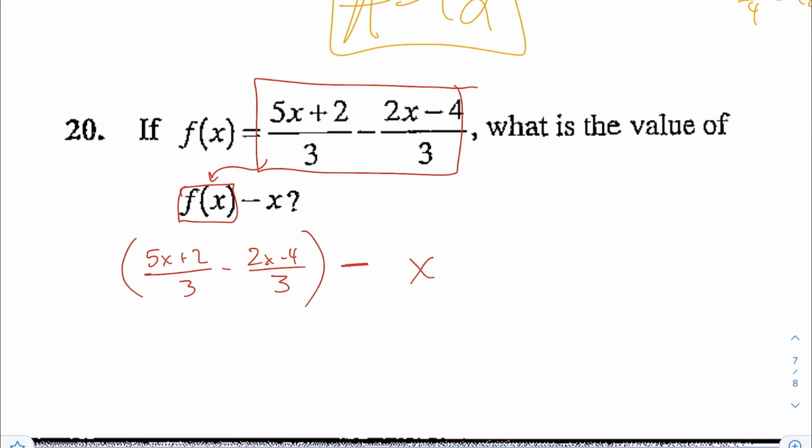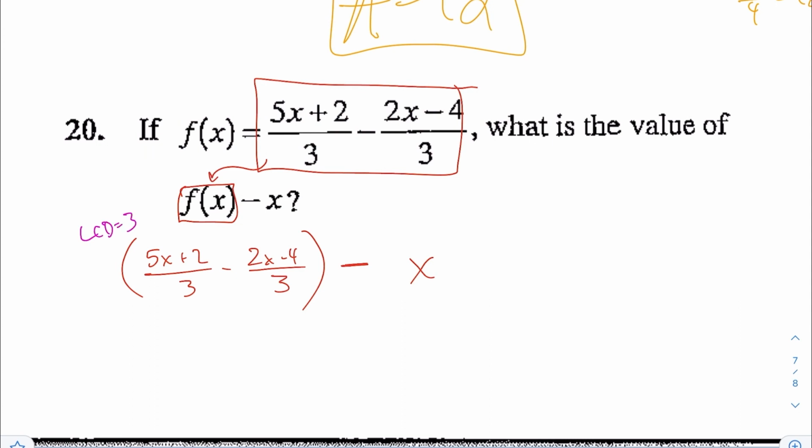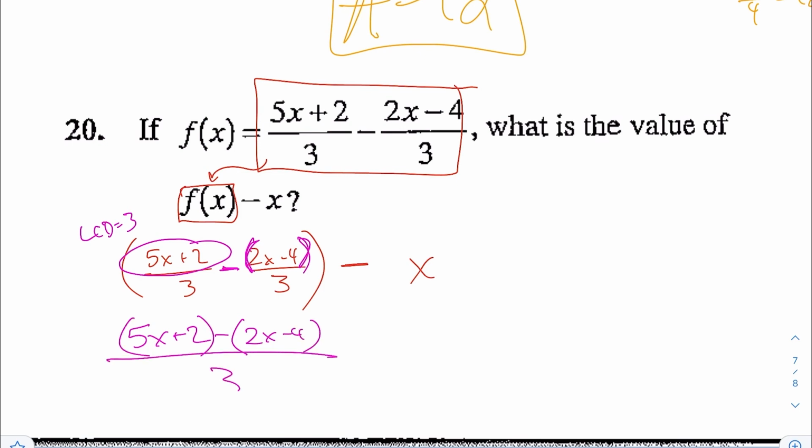Now, for those two, the LCD is 3. So you can just combine the numerators. You just have 5x plus 2, and now you're subtracting the second thing in parentheses, 2x minus 4. So you got to be careful here, because you have 5x minus 2x, which is 3x, but you have 2, positive 2, minus negative 4.